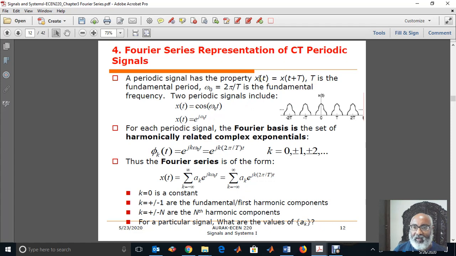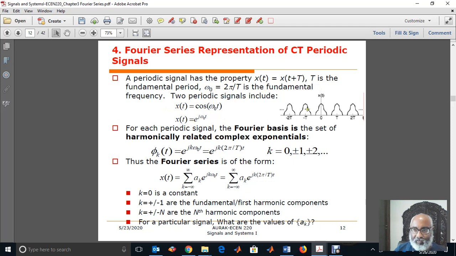So if this relationship is satisfied for all time t, small t, we call capital T the period of the signal, and the smallest value among all T's is called the fundamental period. And we write the angular frequency omega naught as 2 pi over capital T, where capital T is the fundamental period. For example, cosine and sine signals are periodic signals.